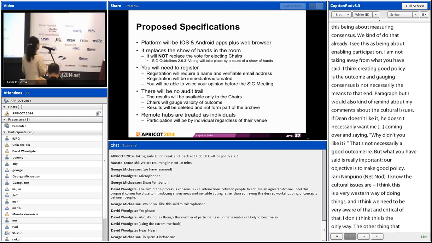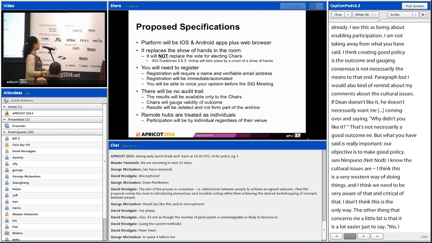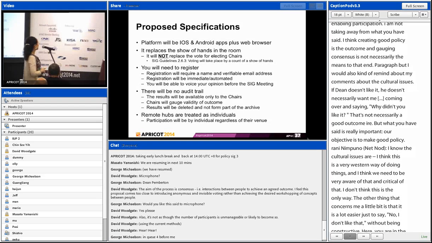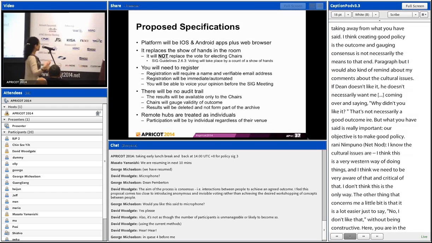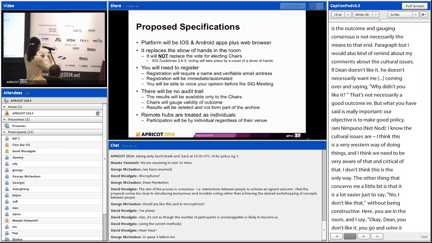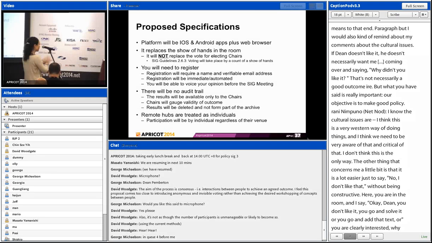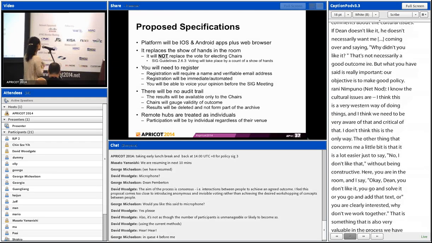Here, you're in the room, and I say, okay, Dean, so you don't like it. Well, you go and solve it, or you go and add that text then. Or you're clearly interested, so why don't we work together? And I think that is also something very valuable in the process that we have now. I agree it's not a perfect process and a lot can be improved, but like I said, I only have difficult questions.